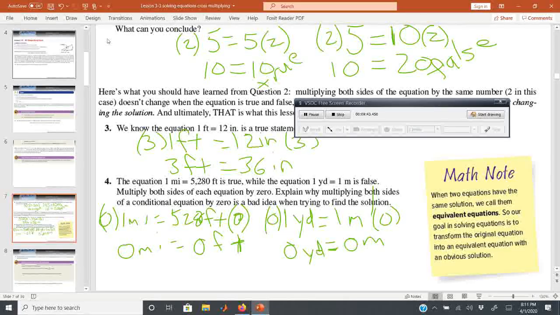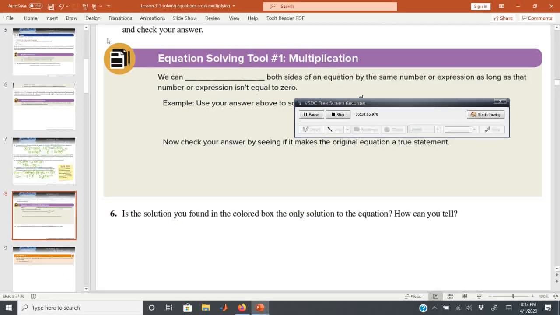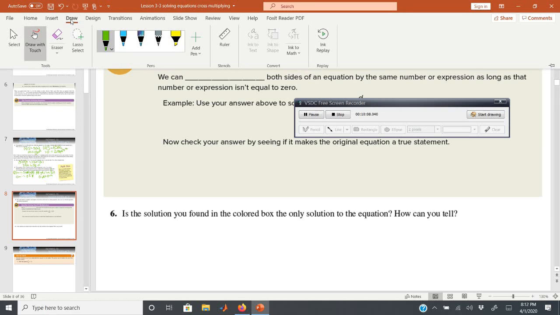But when I do 1 yard equals 1 meter, which is a false statement, multiply by 0, multiply by 0, I end up with 0 yards equals 0 meters, which is actually a true statement.